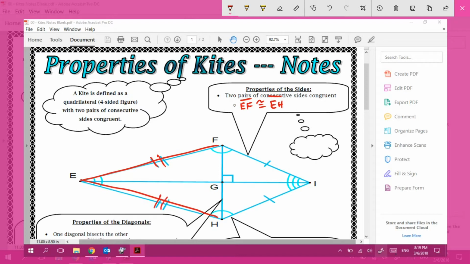What is the other statement that I'm going to write? IF is congruent to IH. That's right, nice. And there are no parallel sides. Okay, all right, moving on.